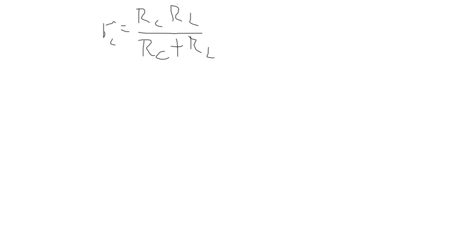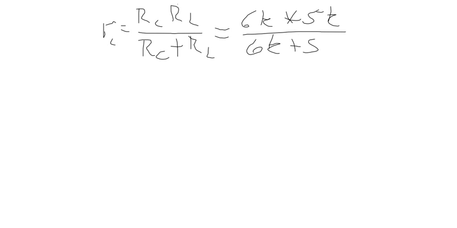RC was 6K, RL was 5K. So that's going to be 30K squared over 11K, or 30K over 11. A little under 1K.